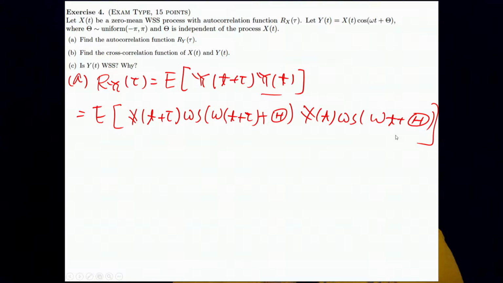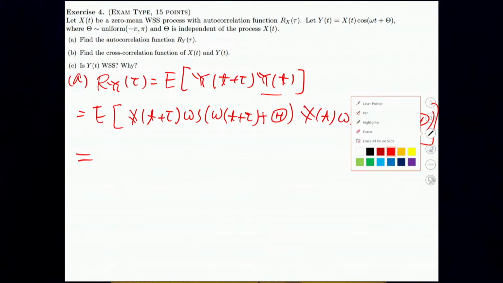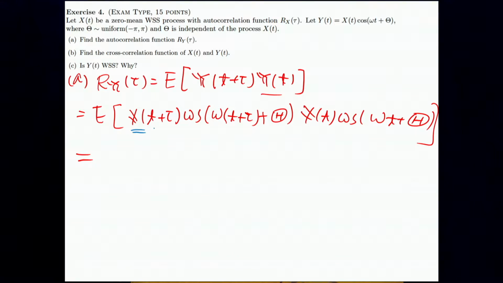So now you can observe in this expectation, X is a random process, t and tau are nothing, omega is nothing, and theta is also a random variable.